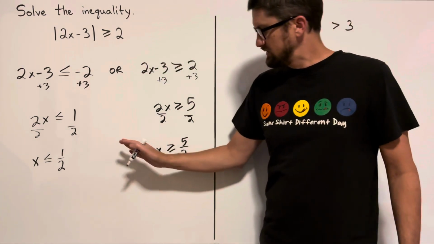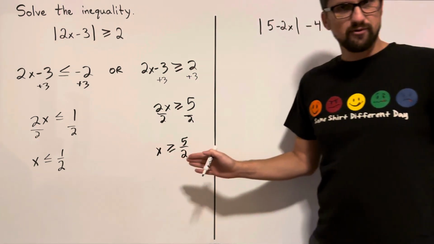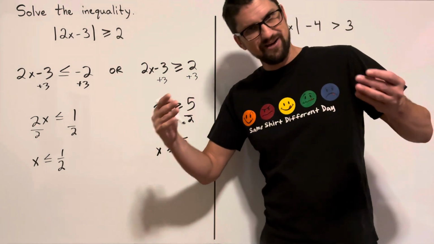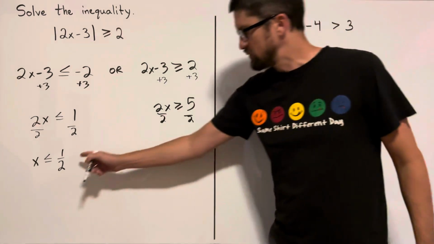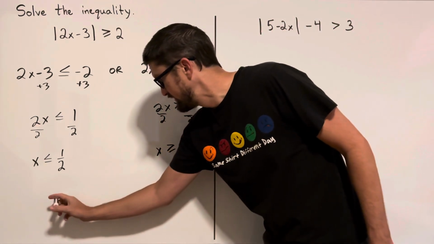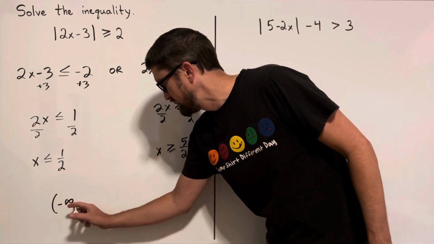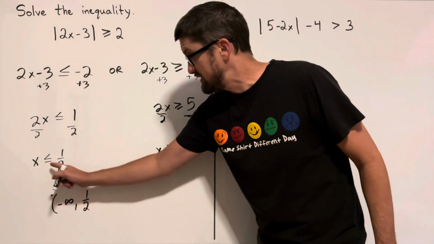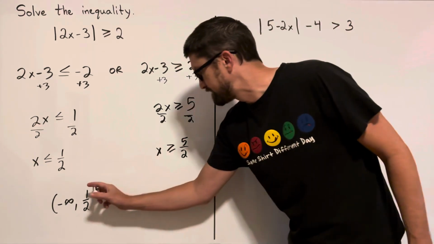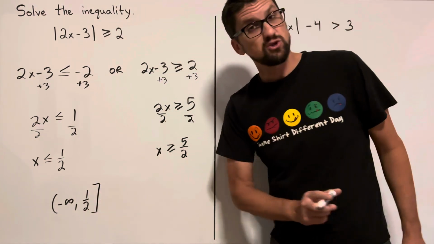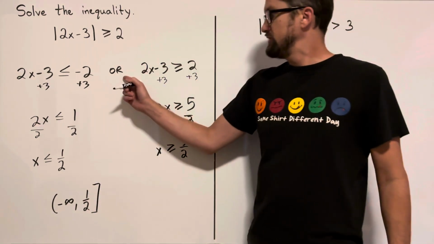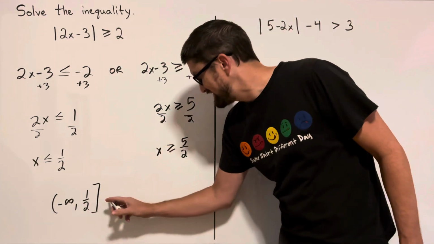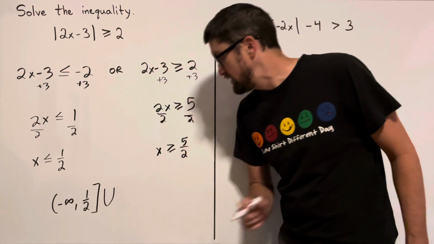Now if you think about a number line here, we have two separate intervals. If the problem asks you for interval notation, the interval notation for this is going to be -infinity to 1/2. The 1/2 is included because the equal sign is with the inequality, so we're going to use a square bracket. And then the word or, the symbol for that is a U type symbol.